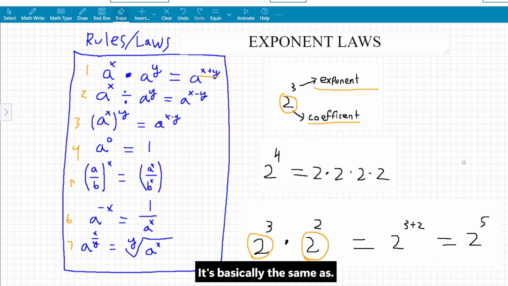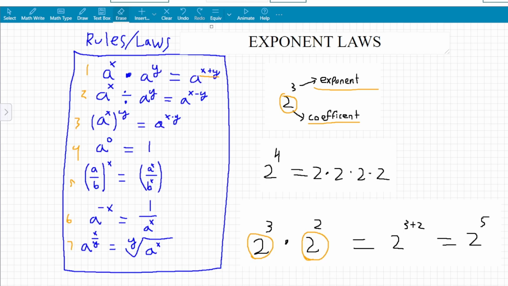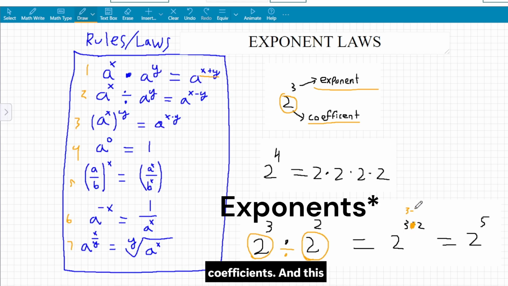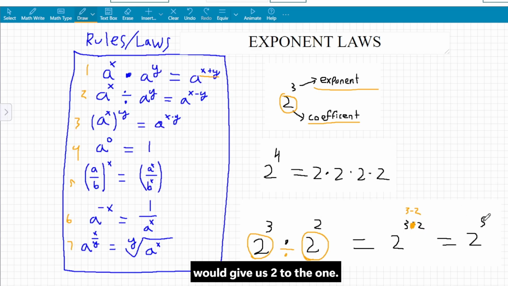So let's move on to our second exponent law. It's basically the same as the first one, except with division. So instead of adding the two coefficients, we subtract the two coefficients. And this would give us 2 to the 1. That's pretty self-explanatory.